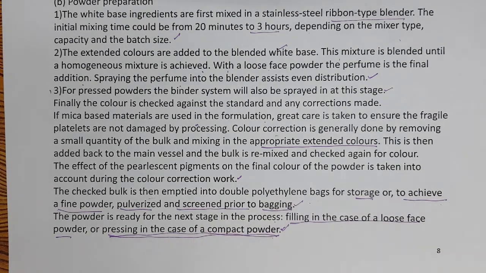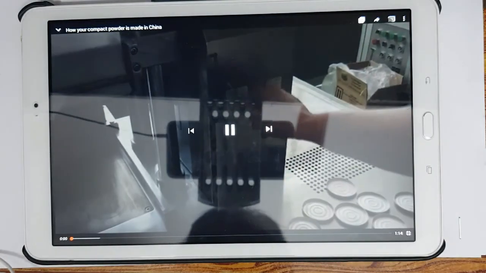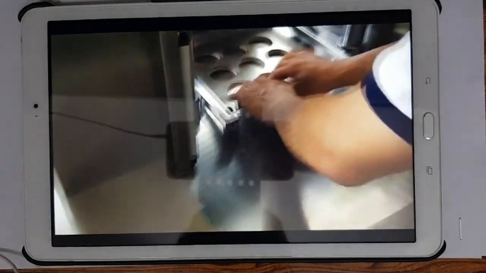Once the powder is pressed, the godets are placed in the final container, the compact container, which is a plastic container, right? And with a mirror. Let us see the video. Let us see how the compact powders are pressed.